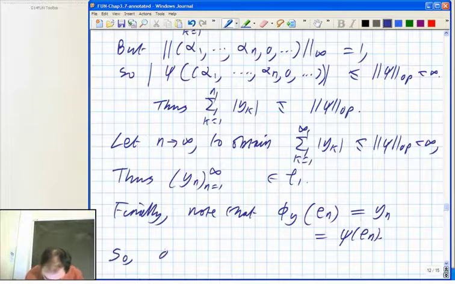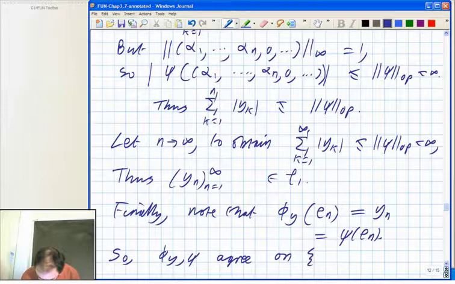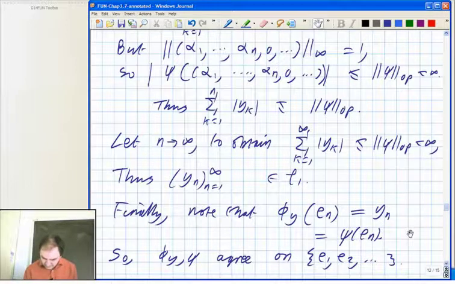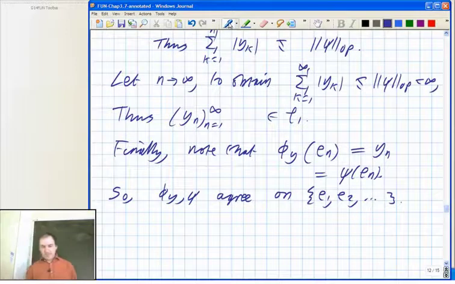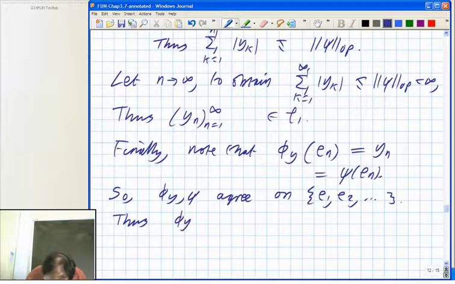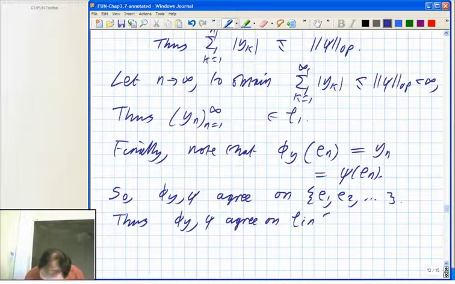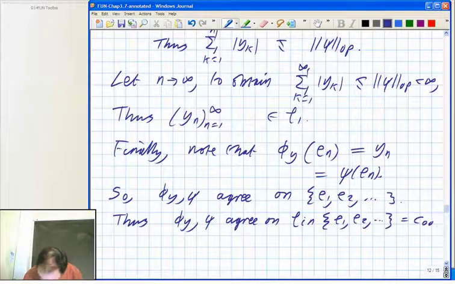So, phi y and psi agree on E1, E2, and so on. But that means they agree on the linear span too, because these are linear functionals. The linear span of those is C00. So they're equal on C00, but they're continuous, and C00 is dense.